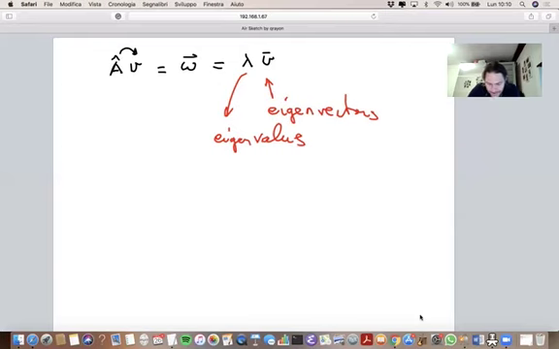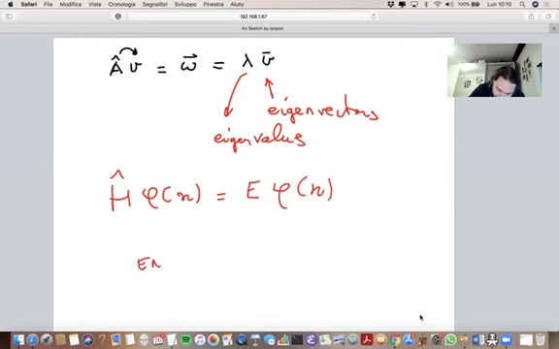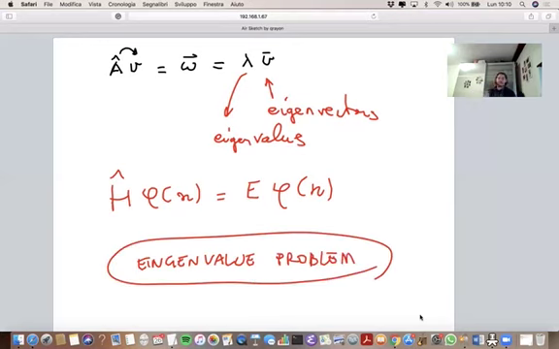So the stationary Schrodinger equation turns out to be of the same type. It's an eigenvalue problem. I'm looking for functions now rather than vectors, such that if I act on this function with my Hamiltonian, I don't get an entirely different function.